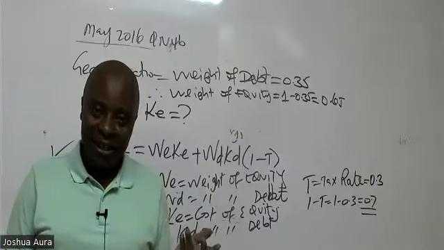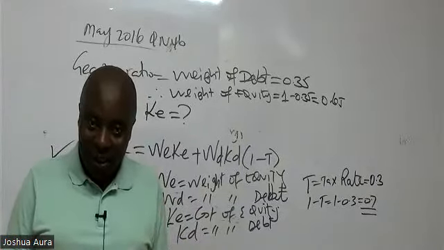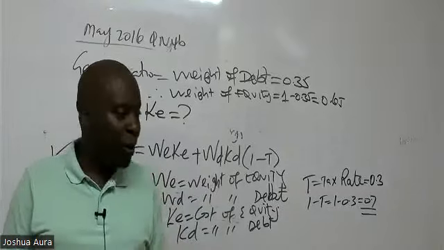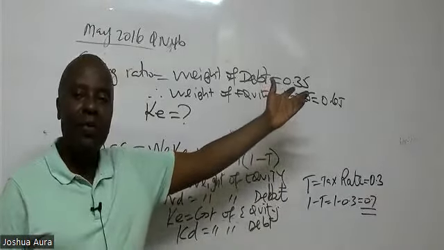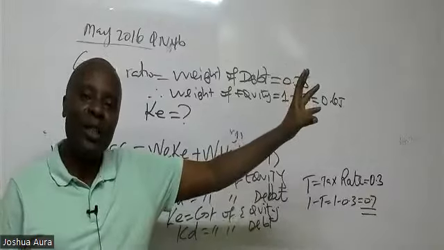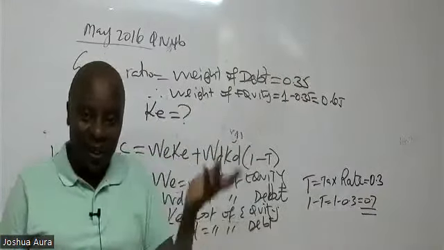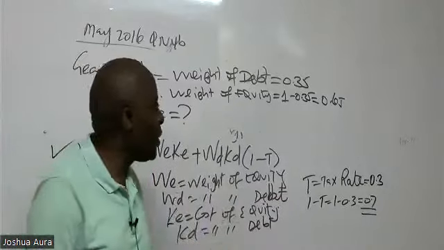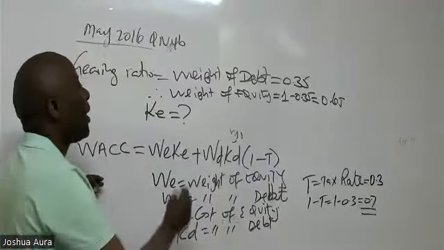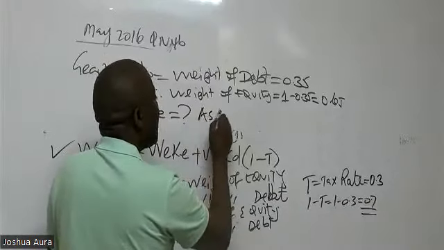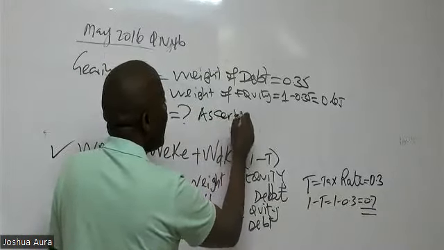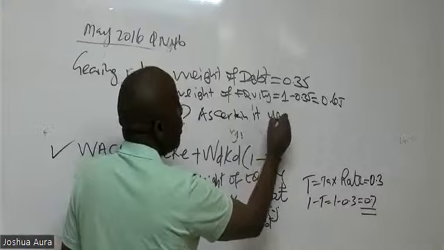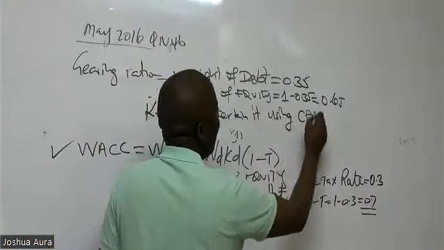For me, I know getting cost of equity is a simple thing. I could either use the dividend valuation model, if information is given. But in most cases, cost of equity is ascertained. In this case, we shall ascertain it using CAPM.